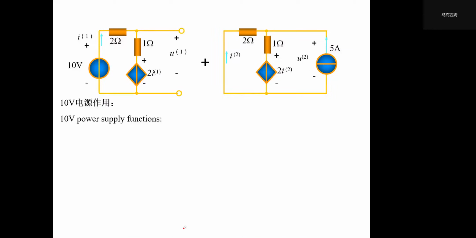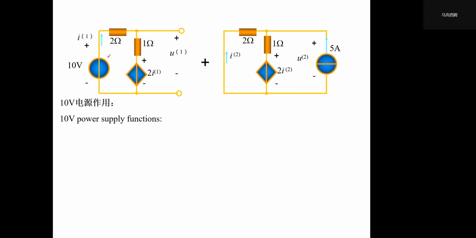So we see that the first diagram is very simple, because it only contains one source. So we only have to consider this.